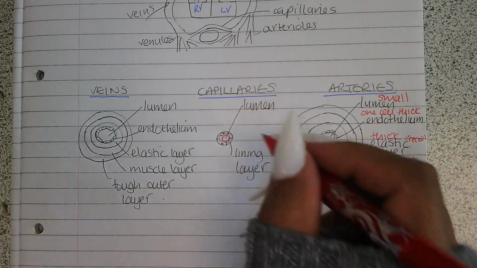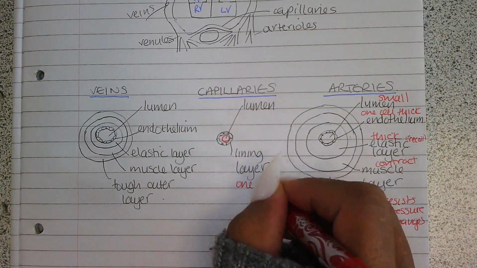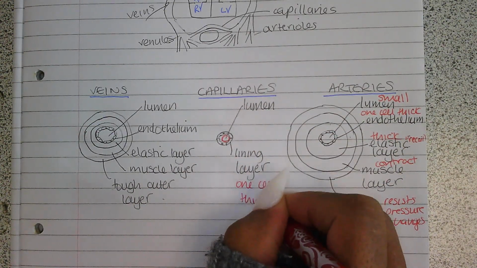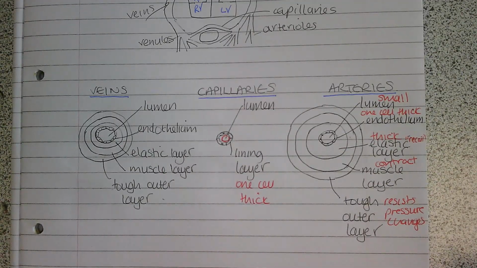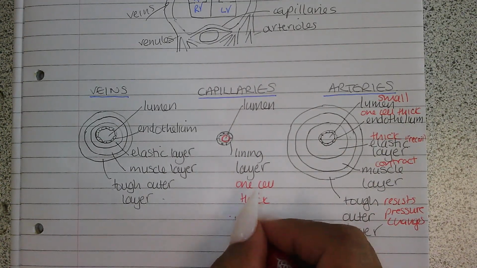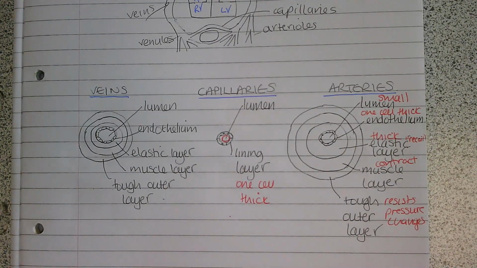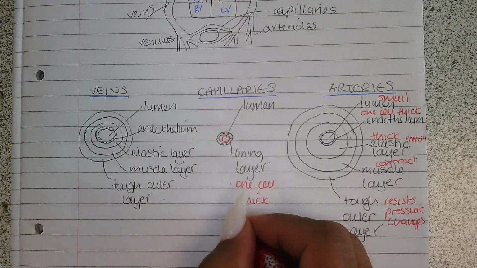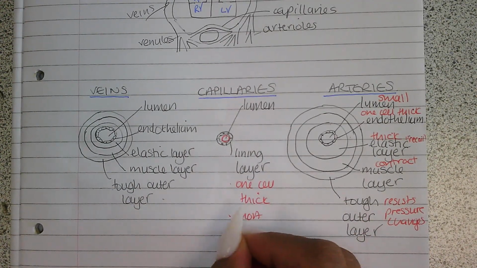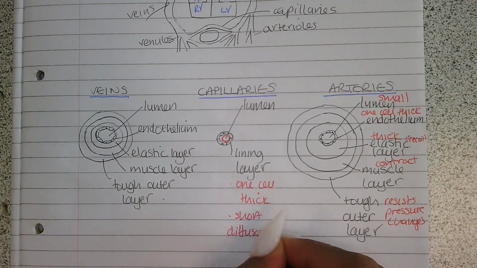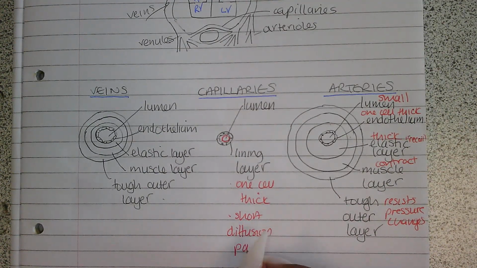The capillary itself, the lining layer, is 1 cell thick. Now this is a really good idea because it means that when gases are exchanged, the diffusion pathway is very short. So with this being 1 cell thick, we have a very short diffusion pathway.